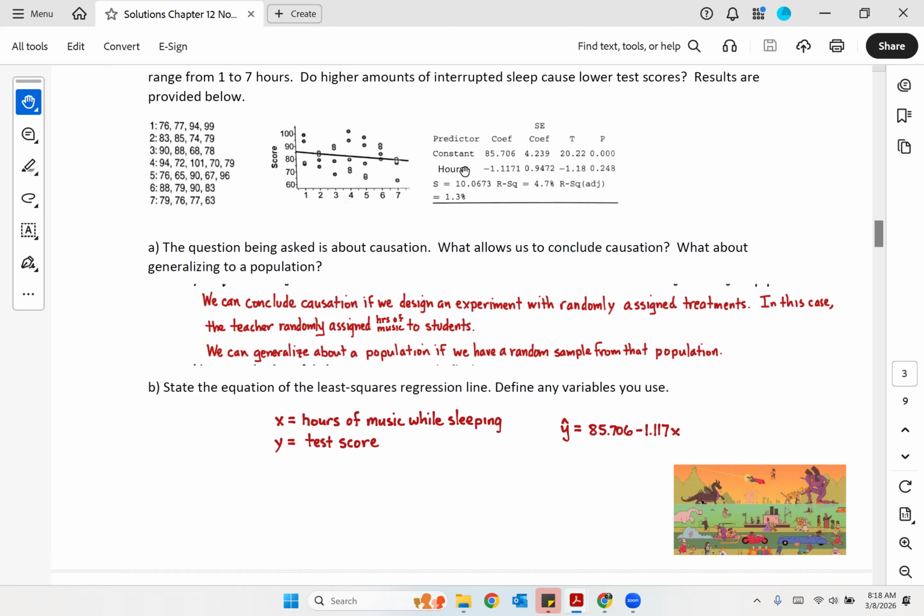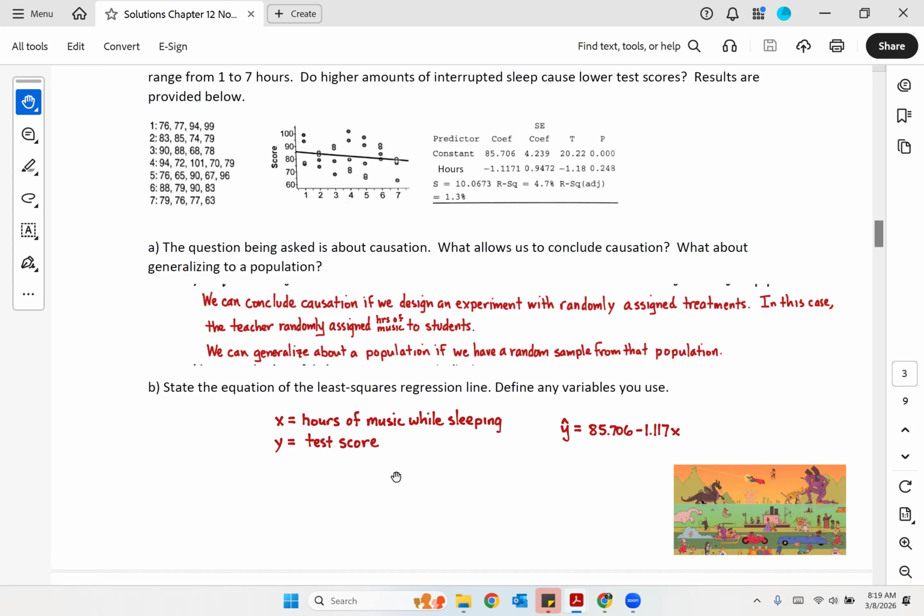The other is labeled based on your explanatory variable. Therefore, the coefficient in the coefficient column is the very same coefficient that would be attached to x in the regression equation. That's your slope right there. The other constant would be a y-intercept, so we'll pull that number as well.